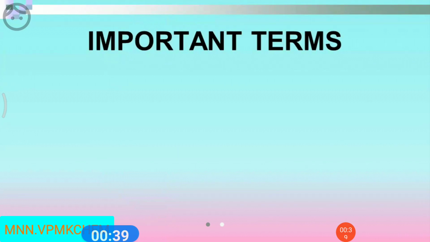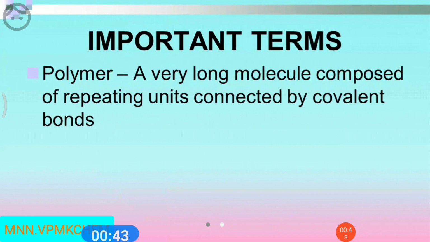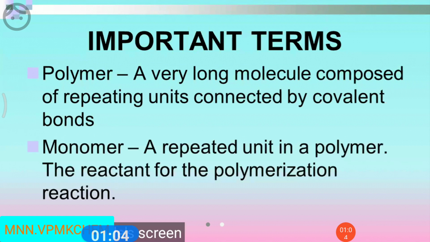There are two important terms when we discuss polymers. Polymer. What is a polymer? It is a very long and very high molecular weight compound, which is composed of repeating units. And these repeating units are connected with covalent bonds. There is another term known as monomers.